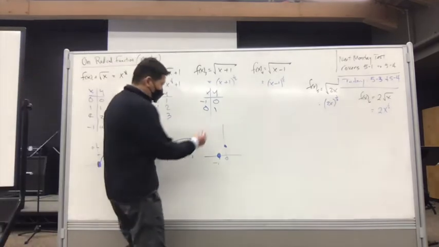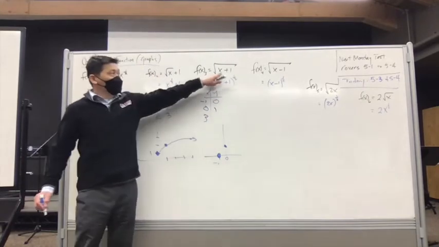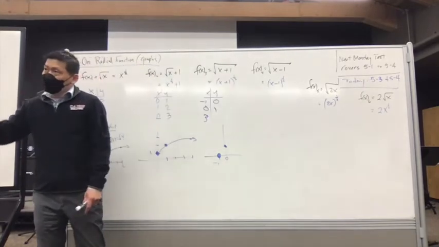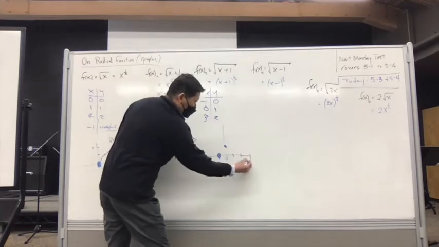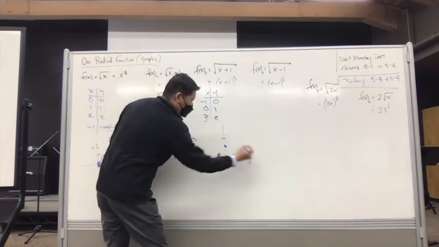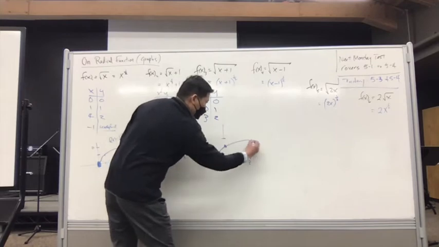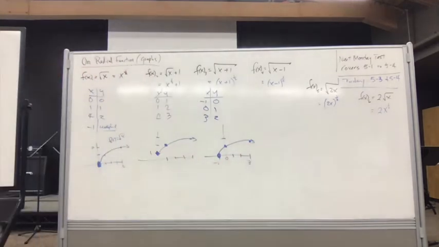It will become 3, 2. If I put 3 in here, 3 plus 1 is 4, square root of 4 is 2. So I have 1, 2, 3, 2 right here. So the graph shifted to the left. If you add the 1 inside the root, you actually shift it to the negative side.